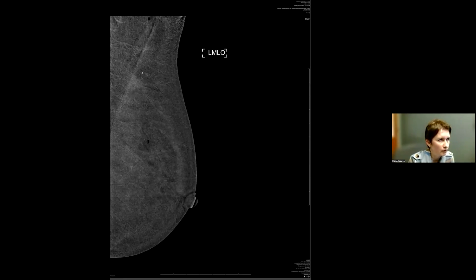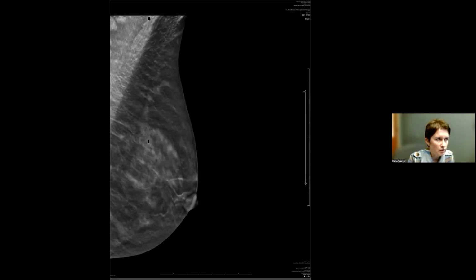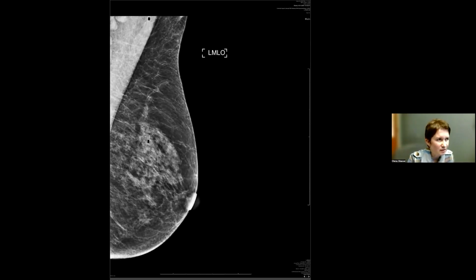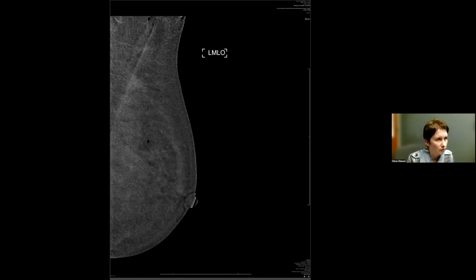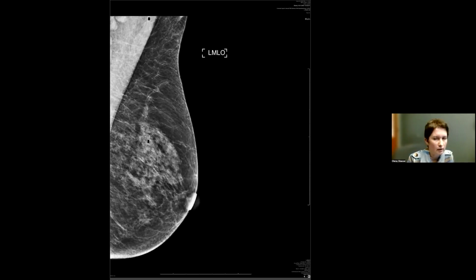Along the pectoralis muscle, you can see this bright line and this triangle. Just keep in mind that usually it's symmetric, and when you're looking at the low energy images, there's usually nothing there. If you're in doubt, then you can do an ultrasound for the evaluation.